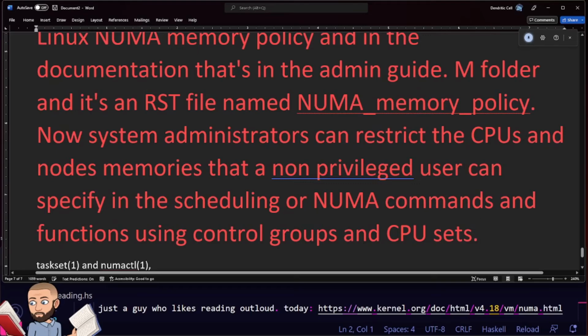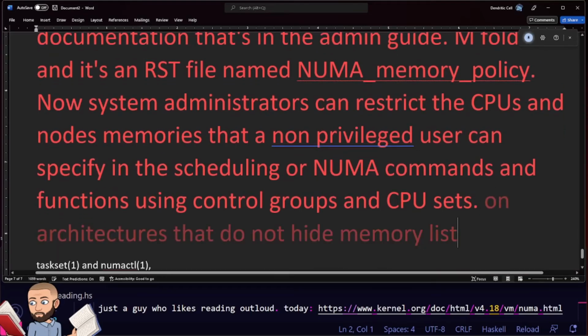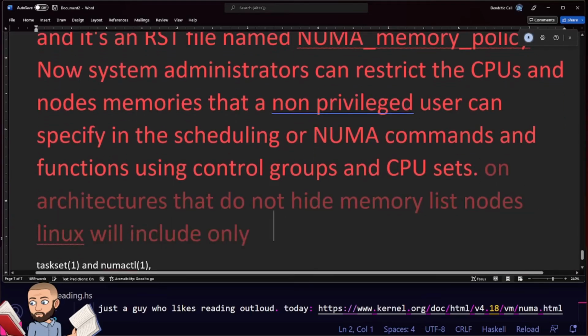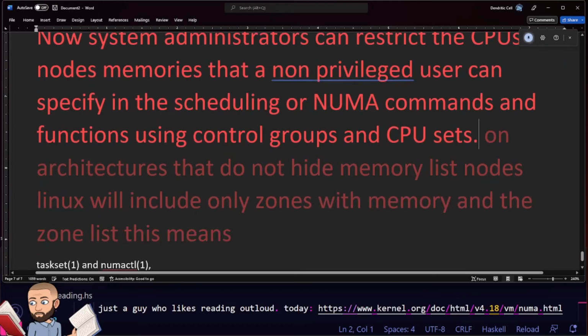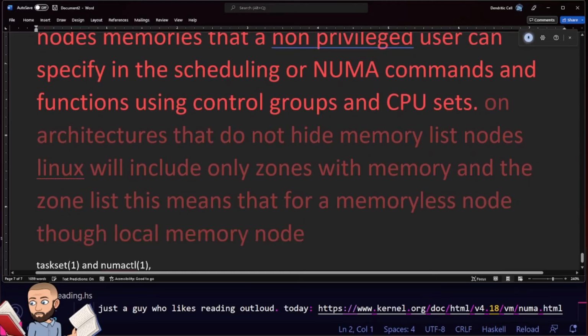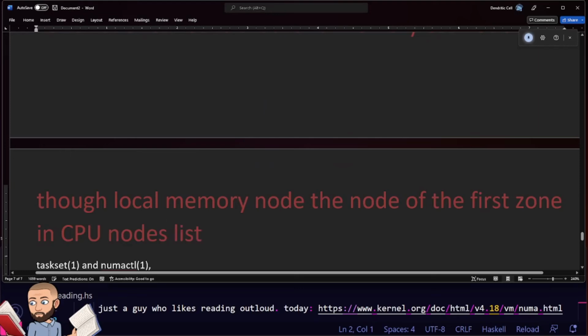On architectures that do not hide memoryless nodes, Linux will include only zones with memory in the zone list. This means that for a memoryless node, the local memory node, the node of the first zone in the CPU node's zone list, will not be the node itself.